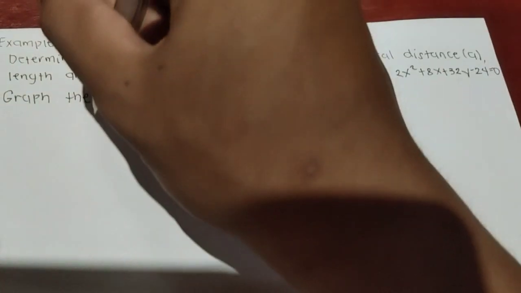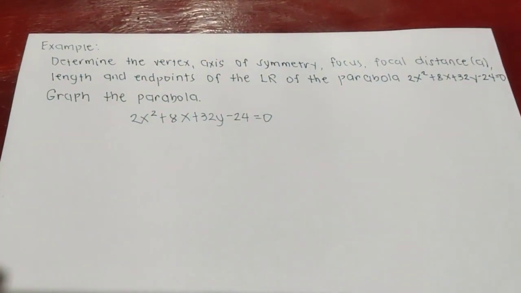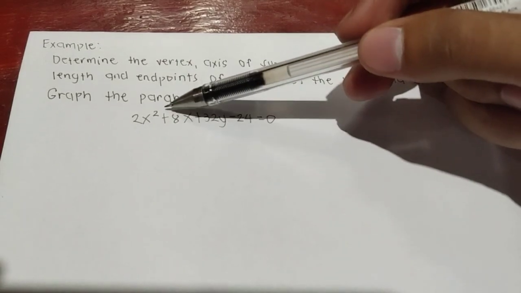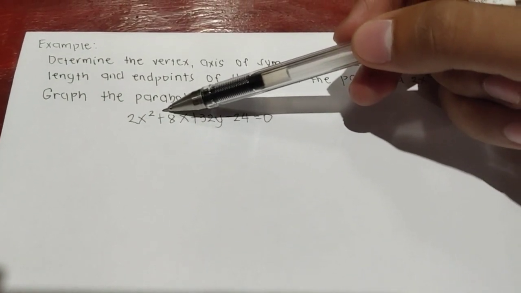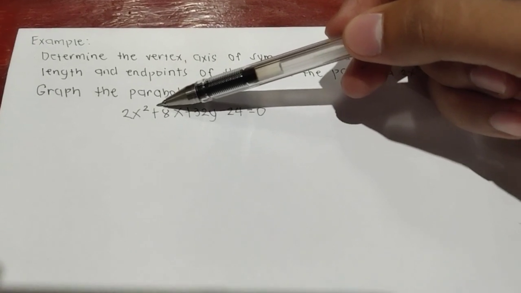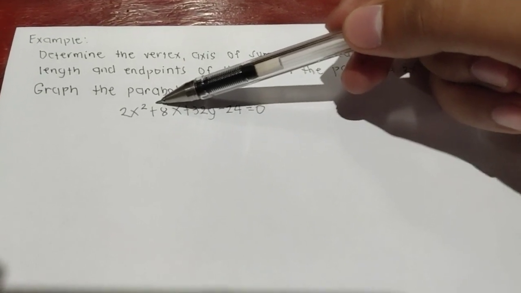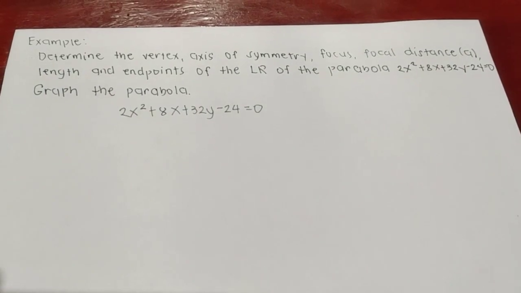As you notice, the variable x here is being squared. Therefore, this parabola either opens upward or downward.